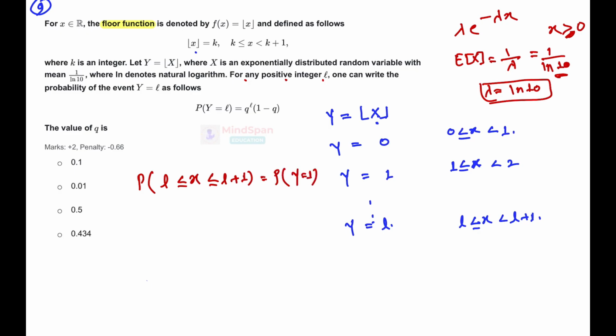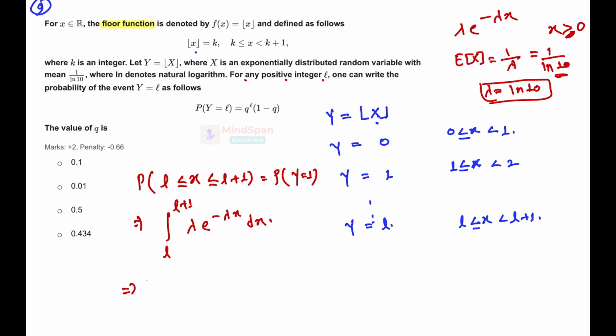So this is exponentially distributed, so we can simply integrate to find this probability. We can simply integrate it from l to l plus 1, and what's the PDF we have? PDF is lambda e to the power minus lambda x dx, right?